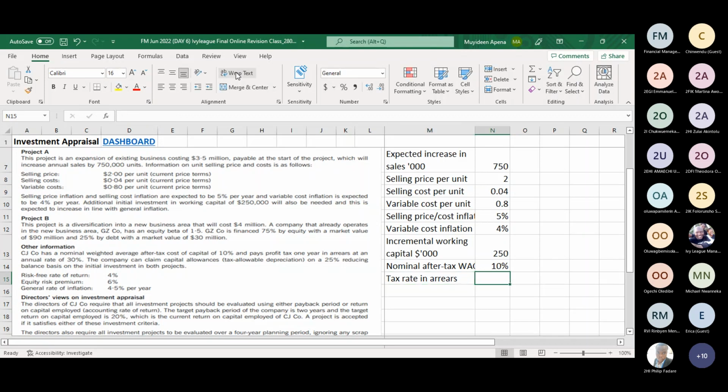30%. The company can claim capital allowances, which is also known as tax allowable depreciation, on a 25% reducing balance basis on the initial investment in both projects. Okay, so as it applies to project A, tax allowable depreciation rate is 25%.